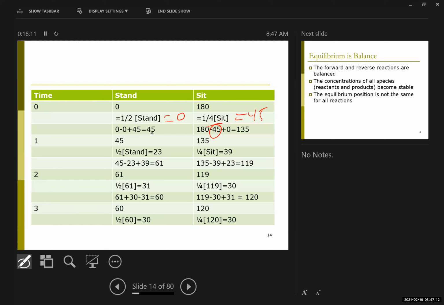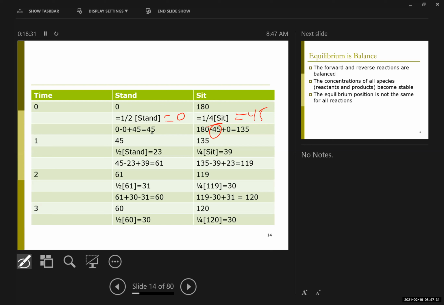Right, and so from that moment forward, there are always 120 people sitting and 60 people standing, but they're not always the same people. Right, in every time frame, 30 of those 60 people sit down and 30 of those 120 people stand up.